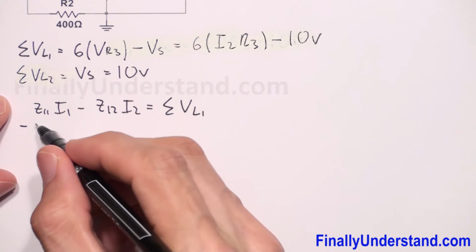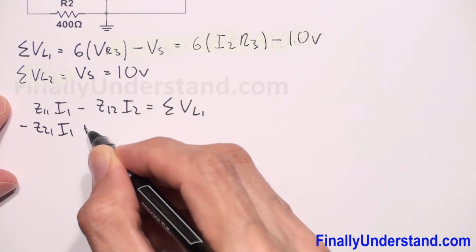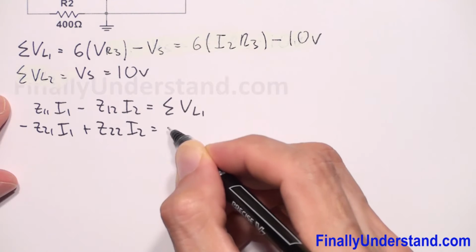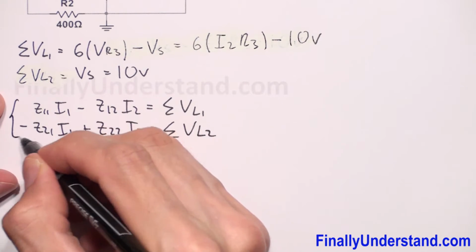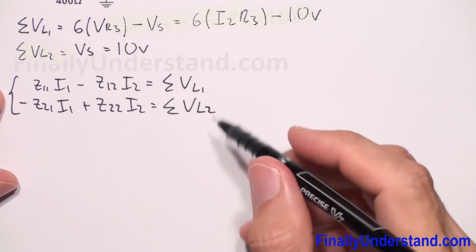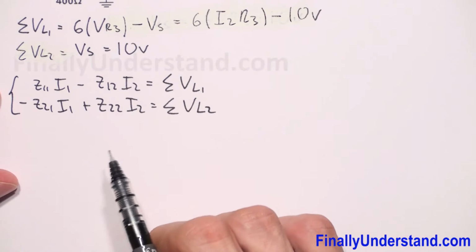And I have negative Z21 I1 plus Z22 I2 is equal to the sum of the voltages in loop 2. So this is the general formula for the mesh equations for a circuit which has two loops.